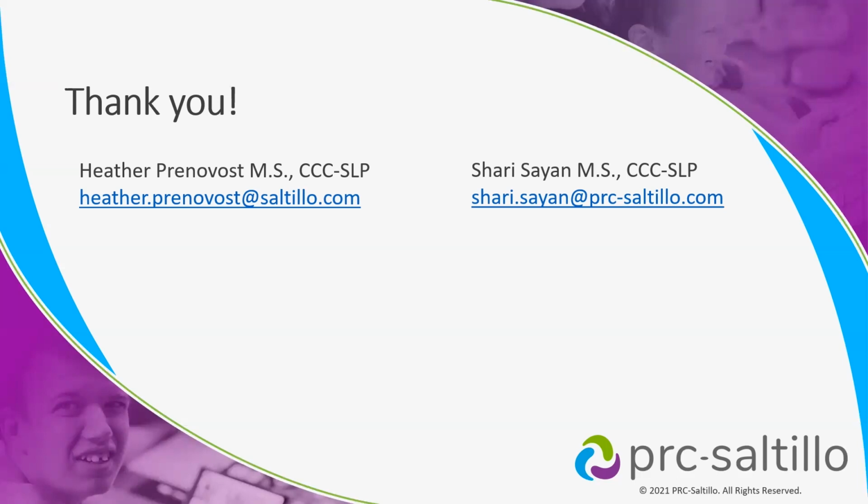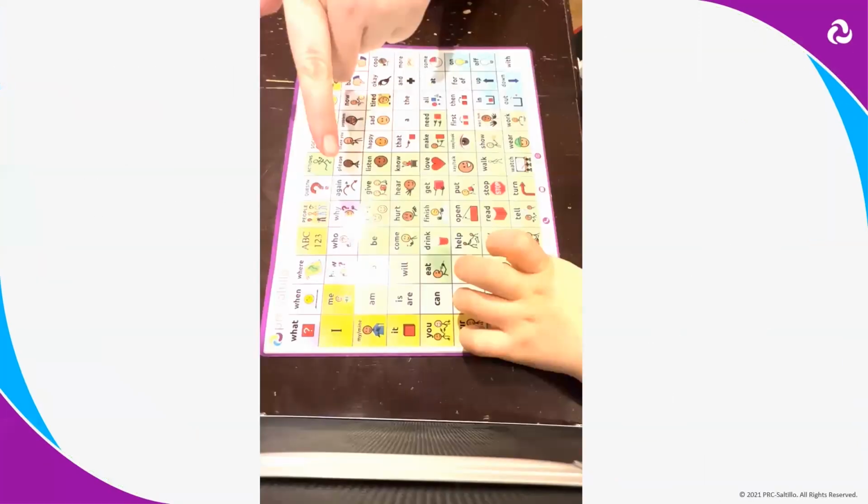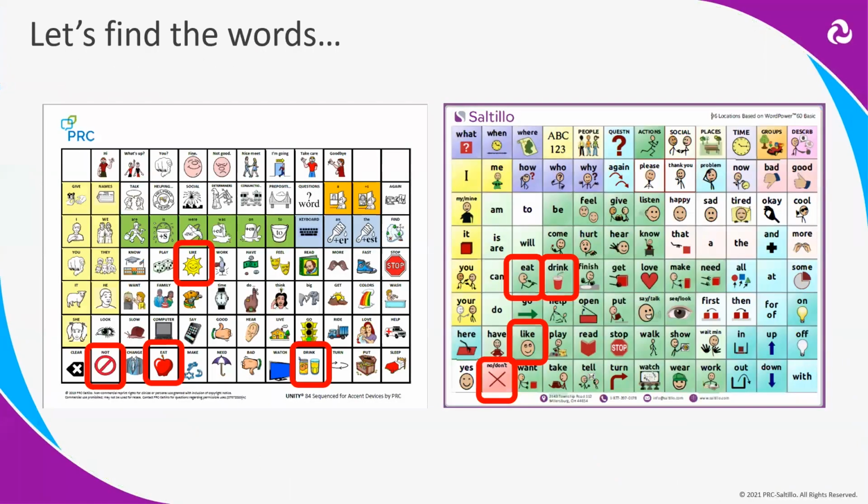Meredith pointed out that the Unity board is different than the high tech. So the 84 Unity, I think, has the social phrases on it. Yeah, some social phrases across that activity row, which is going to be similar to a lot of low tech boards.